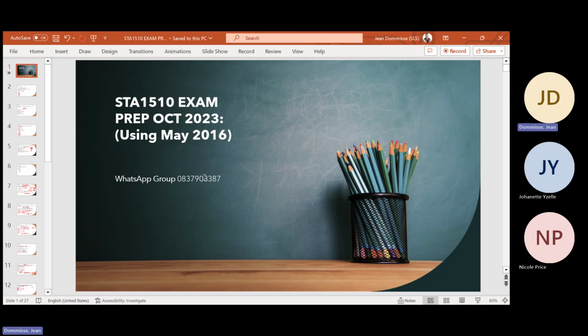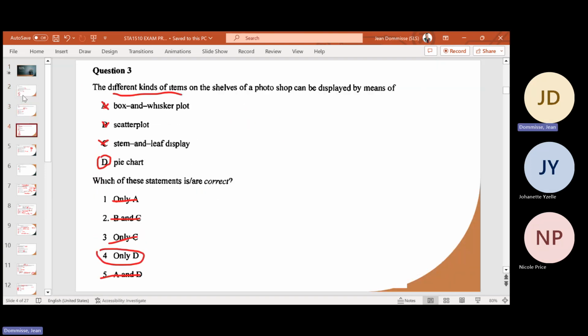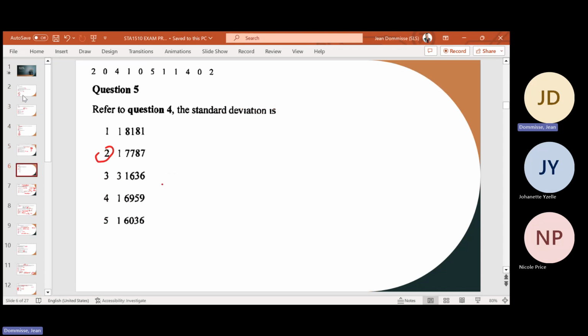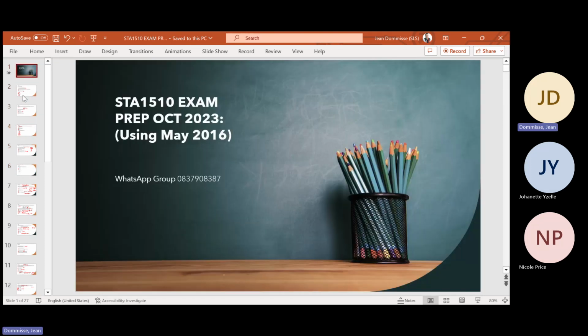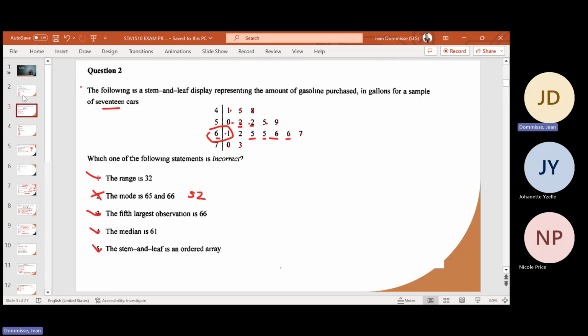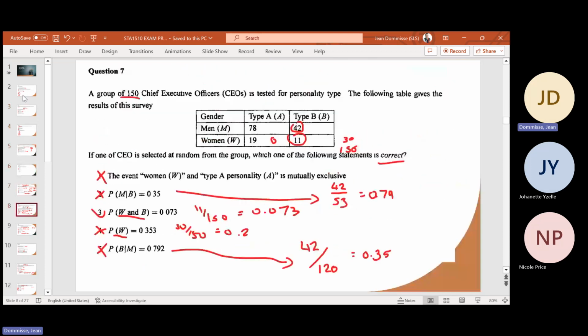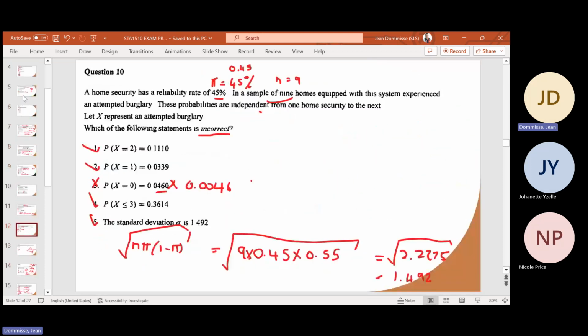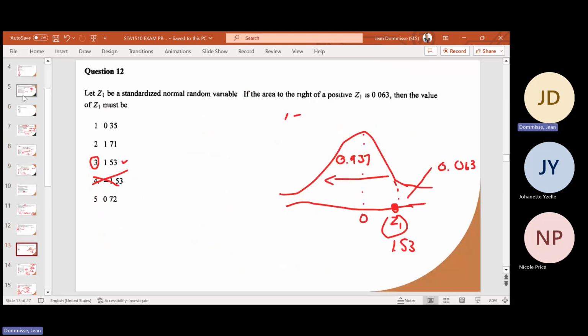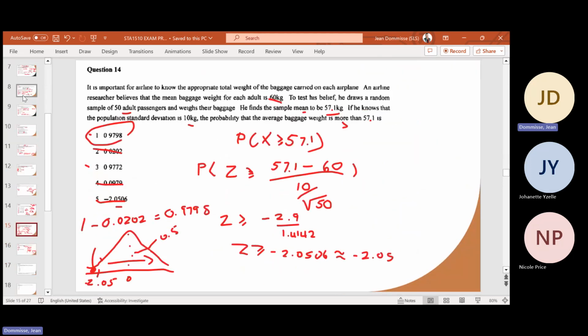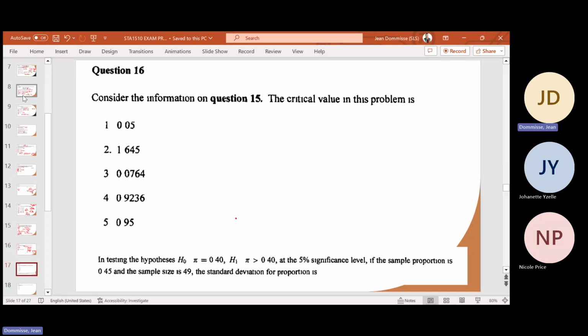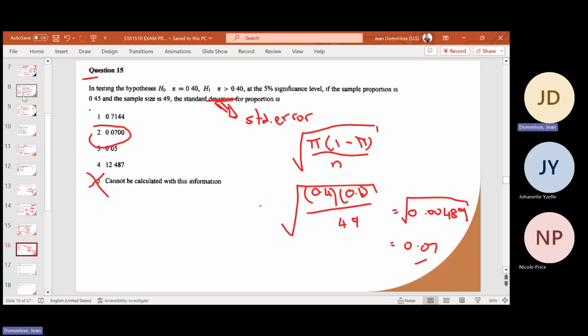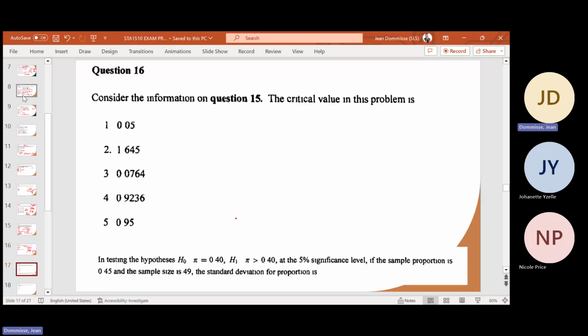Okay, so yesterday we looked at the first part of the previous exam, the May 2016 exam, and basically we covered up until around study unit 6, 7, and tonight we're going to continue with it, nearly rounding it off.